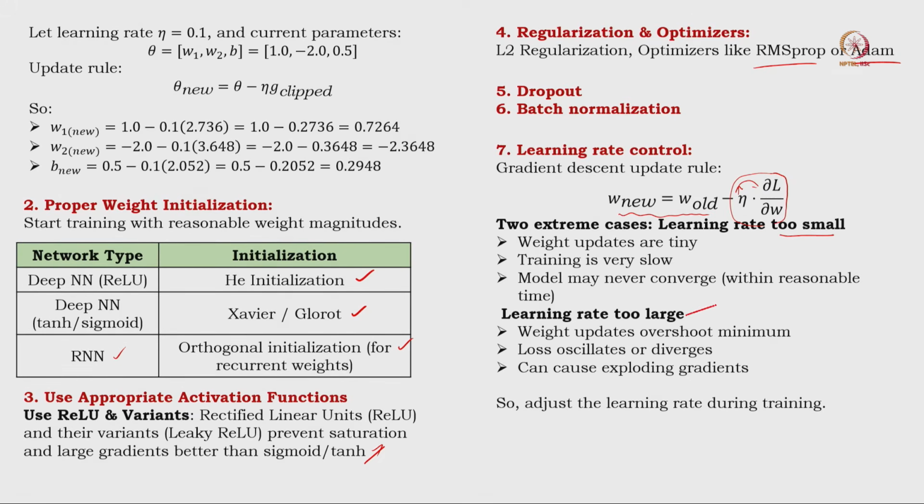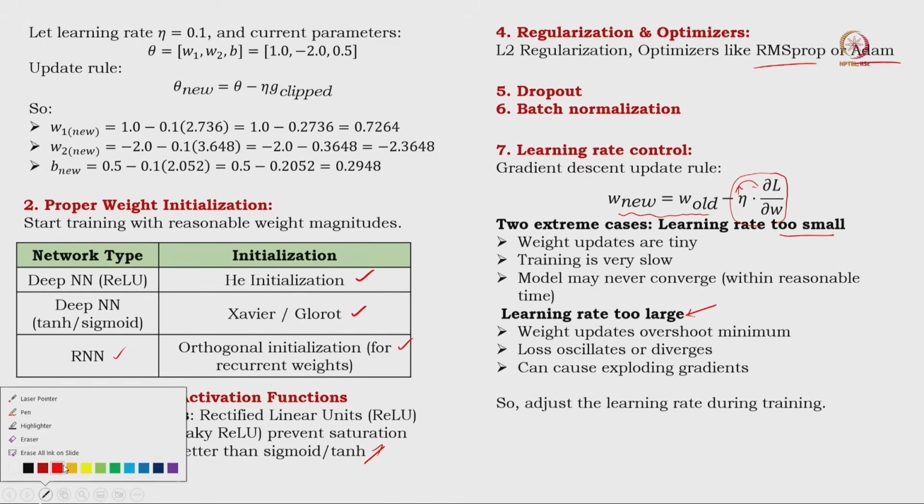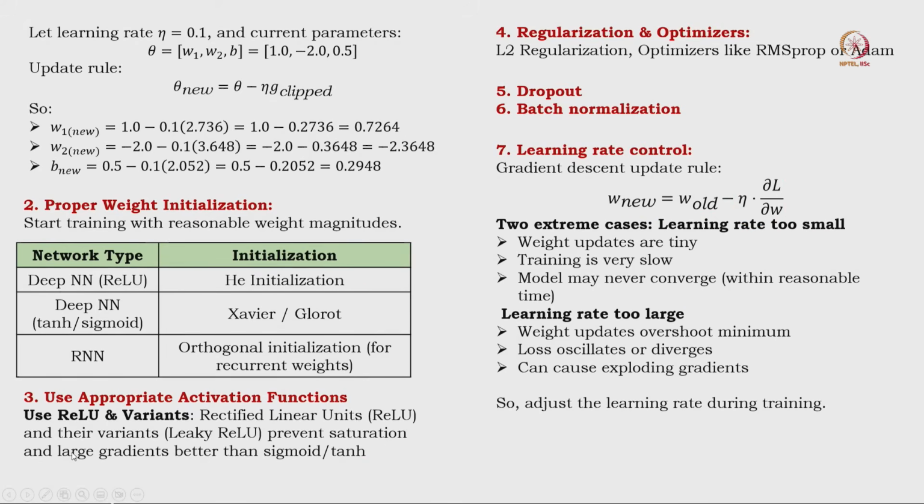At the same time, do not have a very large learning rate. When you have a very large learning rate, it overshoots the minimum and then causes an exploding gradient. The loss will oscillate too much. So, we have to adjust the learning rate during training.